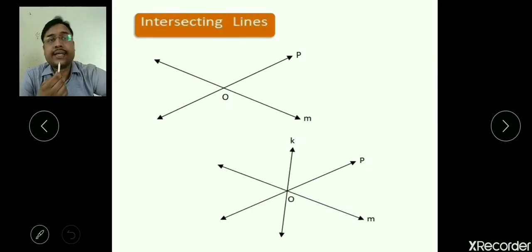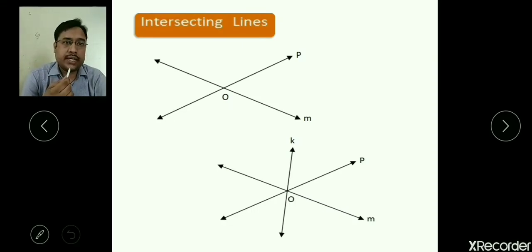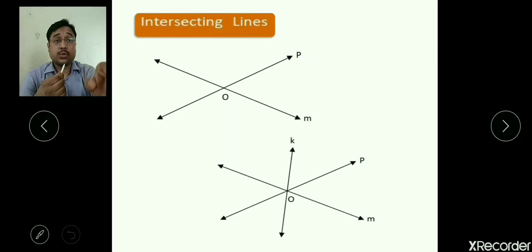Next, intersecting lines. By this diagram we can understand it easily, that when two or more lines are intersecting or crossing each other, then such lines are called intersecting lines. But there is a condition also, that these lines are intersecting at a common point.